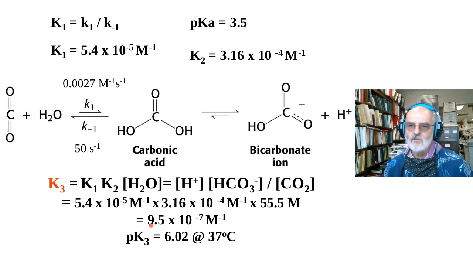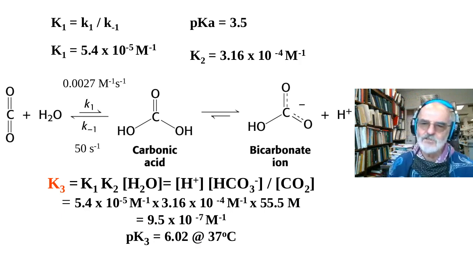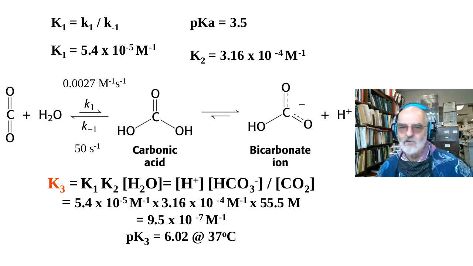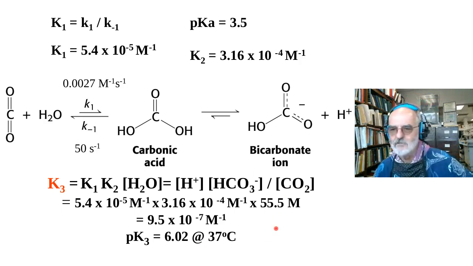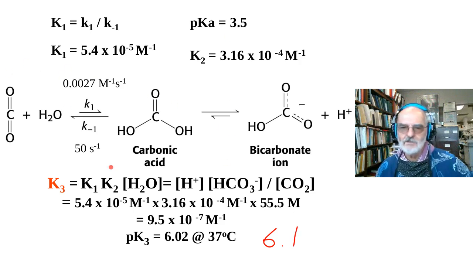And you can see that this comes out to a number that when you take minus the log, you get something close to 6 at 37 degrees. Now, in practice, the pK that we use in physiological buffers is actually 6.1. Okay, so for this reaction in some kind of a test tube environment, this is what you get at 37 degrees. In practice, the pK for this overall reaction is actually around 6.1, and this is what we'll actually use today.